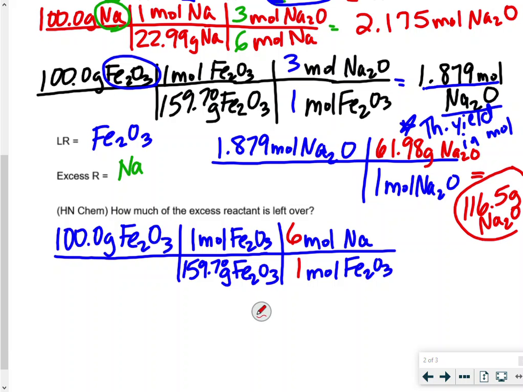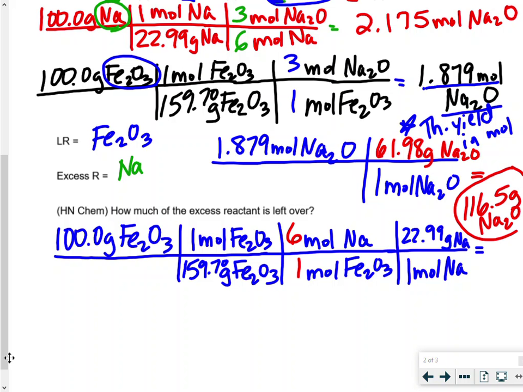Now, because I was given the excess reactant in grams, I need to finish changing it to grams. So here, 1 mole of sodium is going to give me 22.99 grams off the periodic table. Now, what I'm calculating with this T-chart is the amount of the sodium that's actually used.